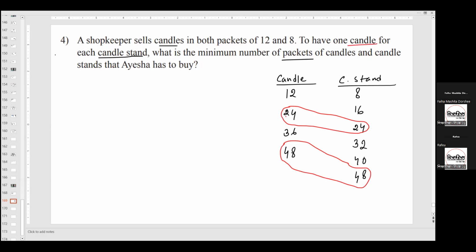So this is the lowest number actually. This is the least number that is a common multiple of 12 and 8.